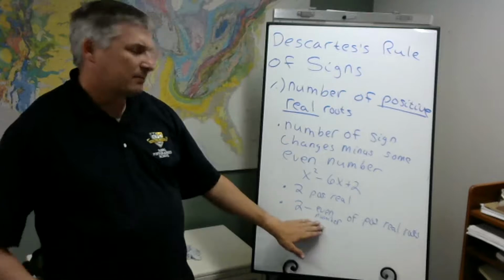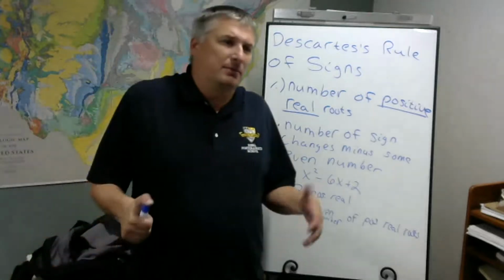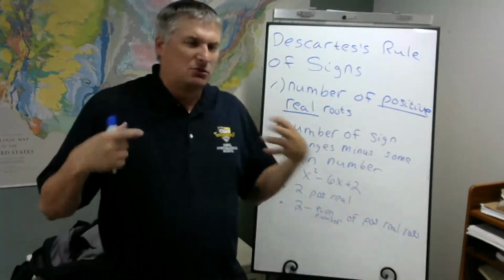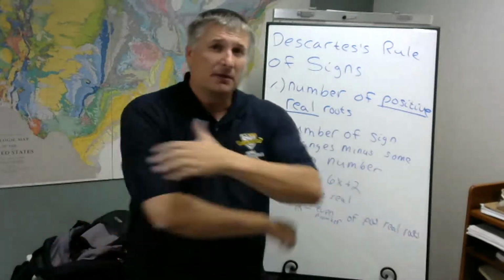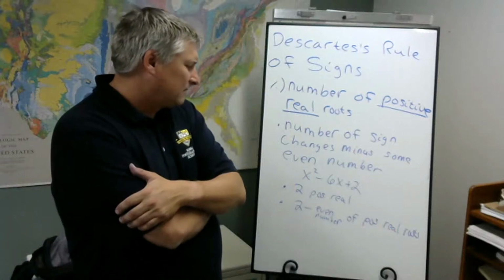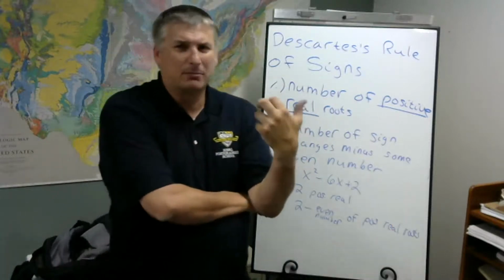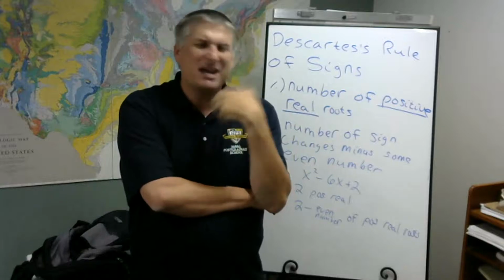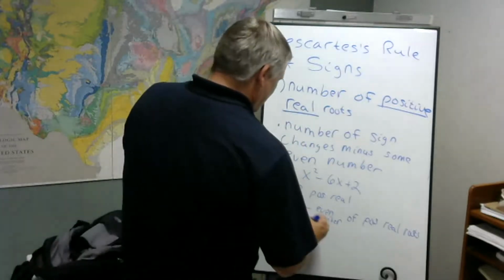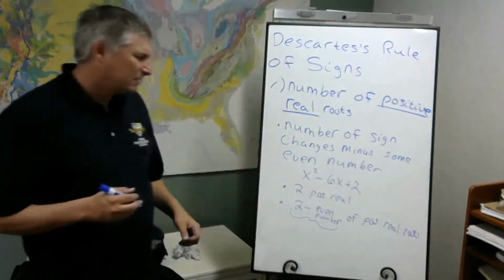Now, we're talking about even numbers. We're actually talking about positive even numbers, not like -2 or -4. We're talking about like 2, 4, 6, 8, these kinds of things. Well, we're not going to have a negative number of something. We're not going to have a negative number of positive real roots. So this has got to be some kind of positive number.